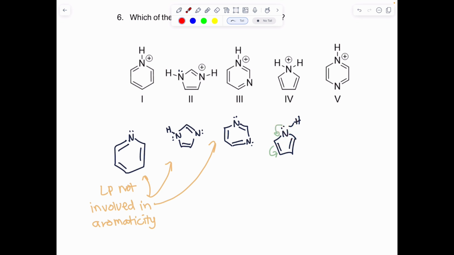So this created an aromatic compound that did not previously exist. So this lone pair contributes to aromaticity.